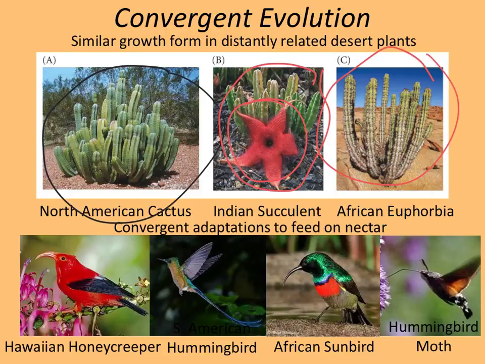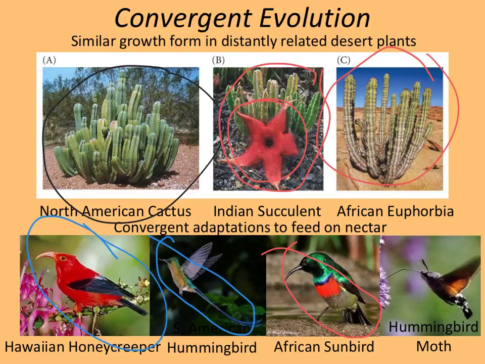And then down on the bottom, we have a bunch of nectar feeders. We've got an iwi in Hawaii. We've got hummingbirds in mainly South America, but some in North America. We've got sunbirds in Africa.